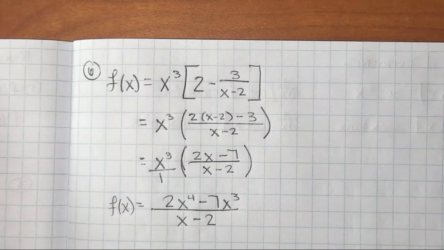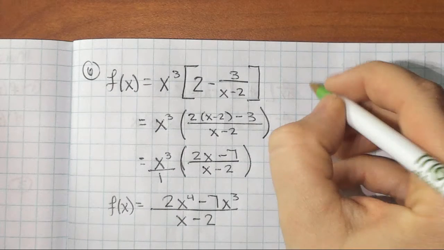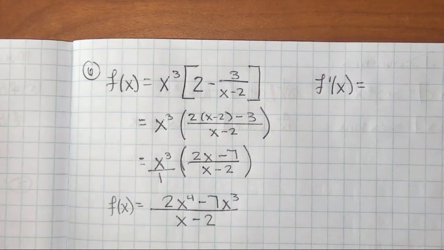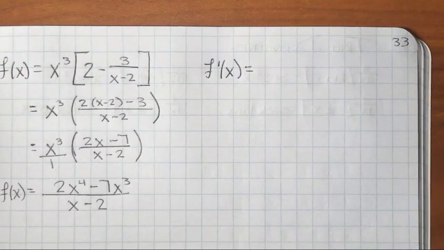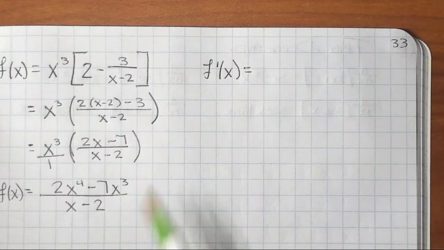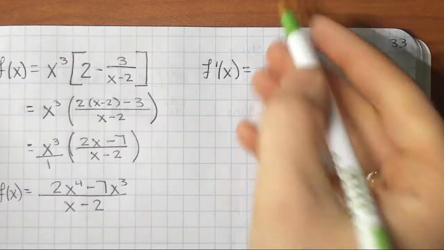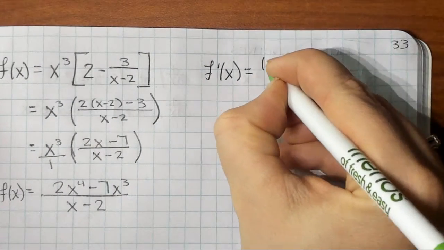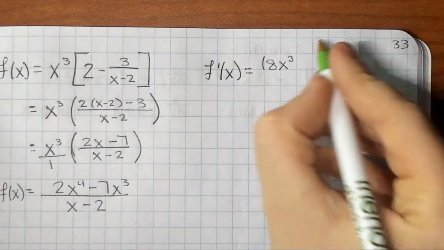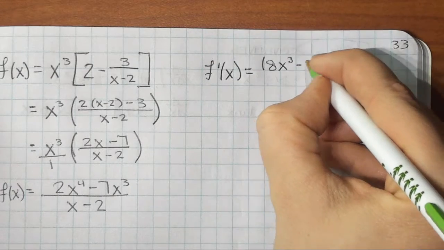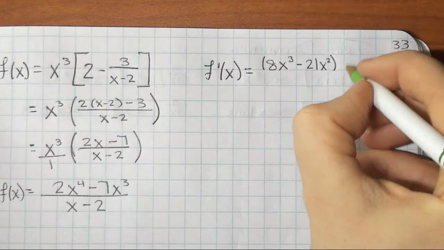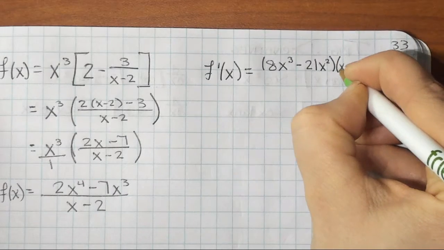So, over off to the side here, f prime of x, and I'll move it over a little bit so you guys can see it better. We're looking at this bottom function here, that one that I changed. Take the derivative of your numerator. What is it? 8x cubed minus 21x squared. You got it. Times what? X minus 2, right?